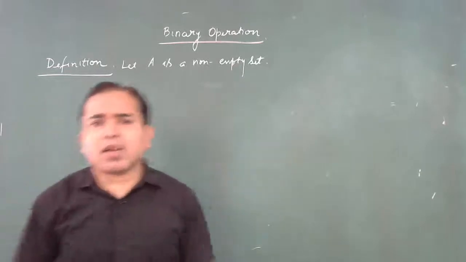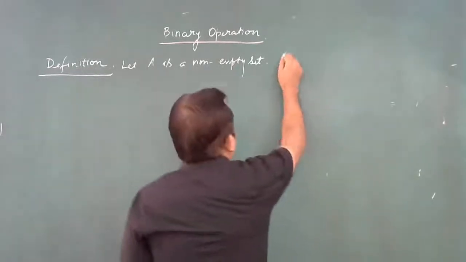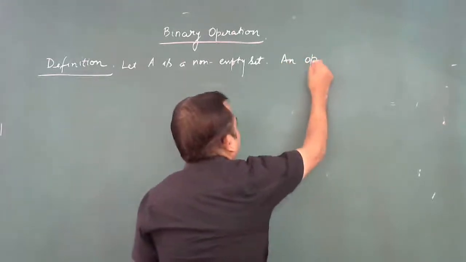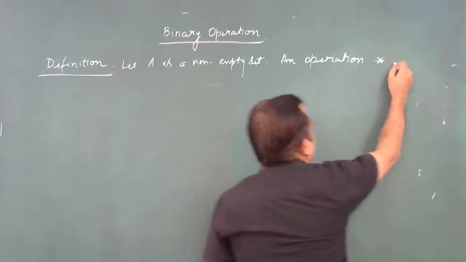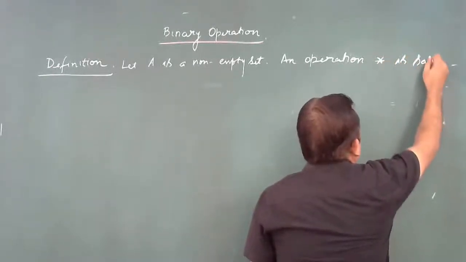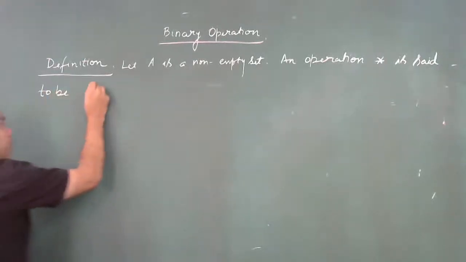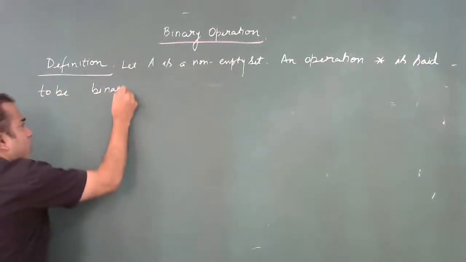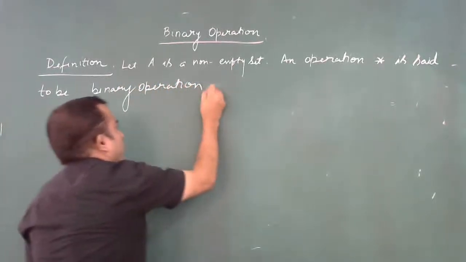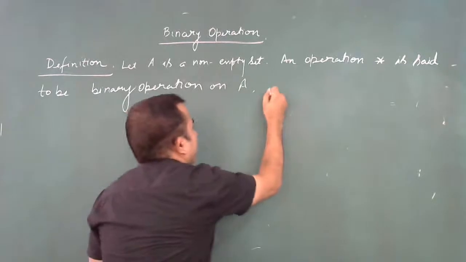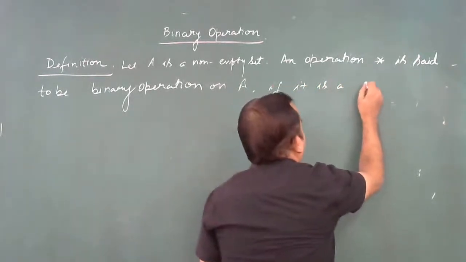Any operation, let us assign some name to it. Let it be star. An operation star is said to be a binary operation only if it is a function.